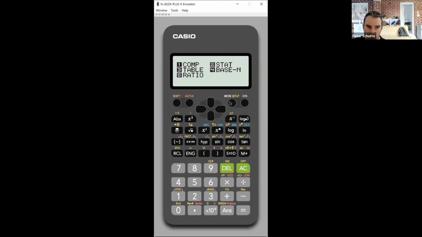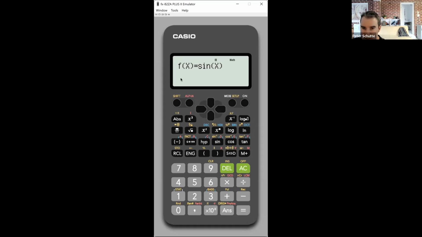Okay. So what you do is you go mode, and then you see where it says table. You click 3 and you click table. And then once you've done that, you click on sin. Okay. And then what you're going to do is you are going to say, well, I need a variable. So I'm going to go alpha x, and then I'm going to close my bracket.